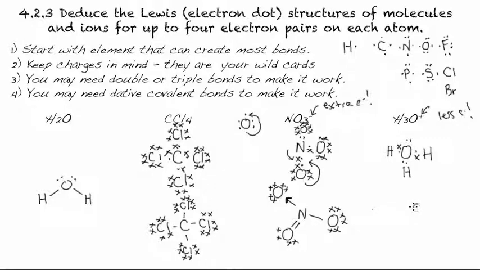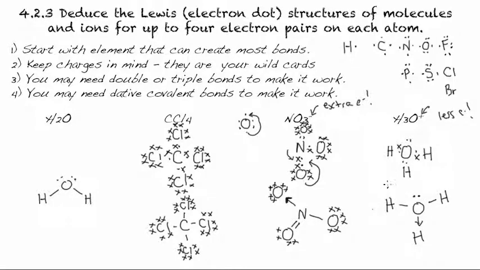So when we draw this one out, it'll be H, H, and then this one will be dative. So we put the arrow on it, and then we can't forget this lone pair, because if we forget that, we lose a mark.